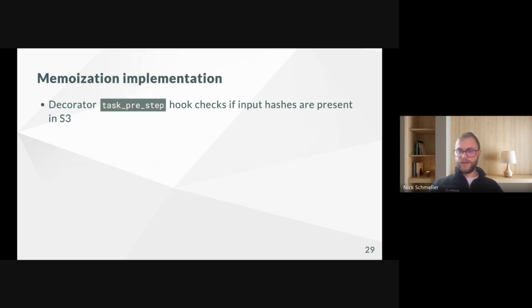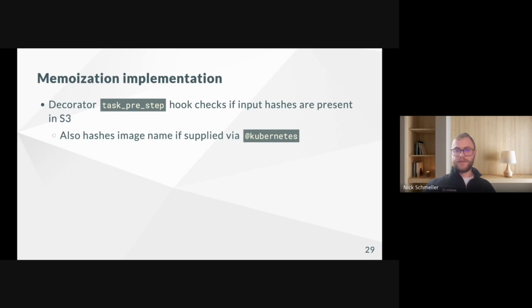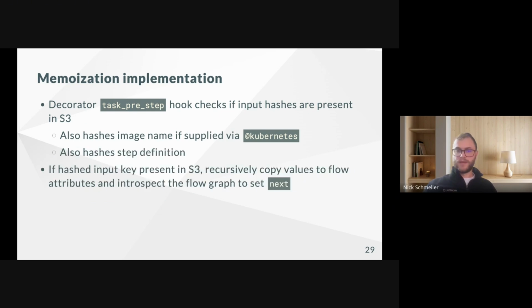If anyone's curious how we did it, we have this decorator framework, and we're just using some of the hooks. Before the step executes, we hash the inputs and check whether they're present in S3. It's a memoization key, and this hash also takes the image name and the step source code. If we have that memoization key, we just copy all the values and set them to the next attribute.